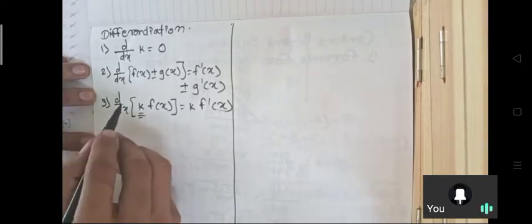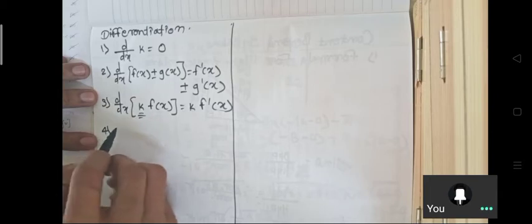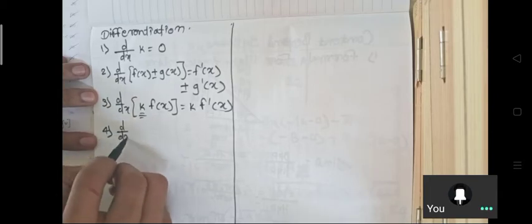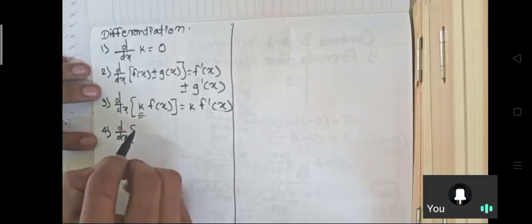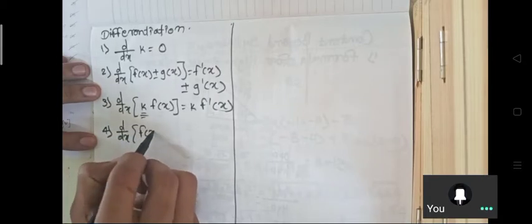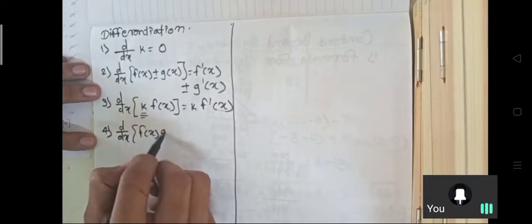Next one is d by dx of the bracket f of x, the first function, multiplied by g of x.